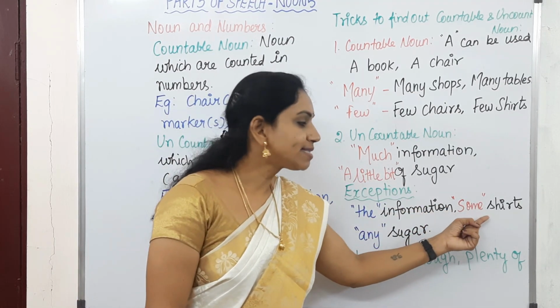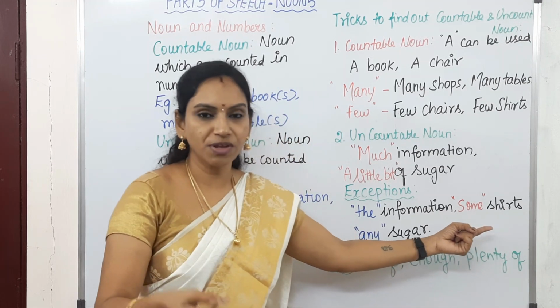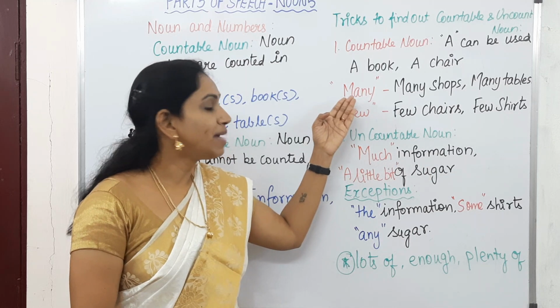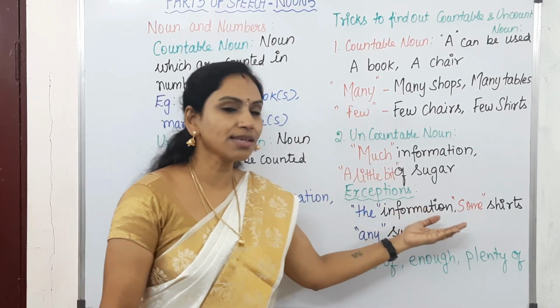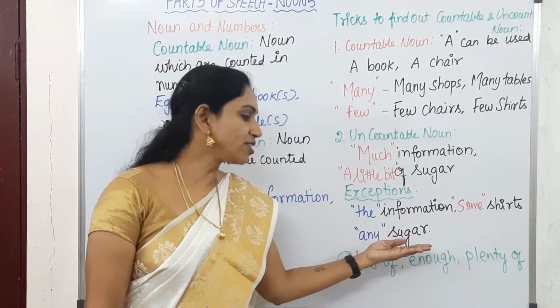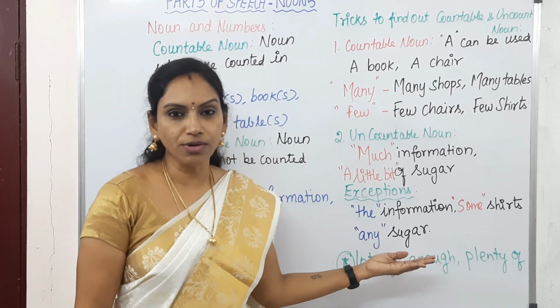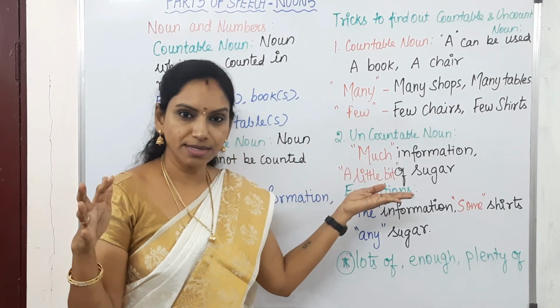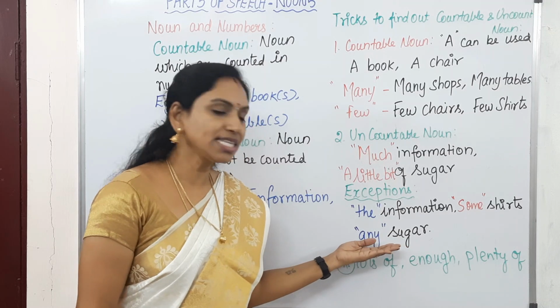Same way here. Some shirts, some, which means countable. You can count that. Instead of many shirts or few shirts, you can write some shirts. It is countable only. Then, any sugar. Sugar is an uncountable noun. I don't have any sugar at my house. A little bit can also be written as any.